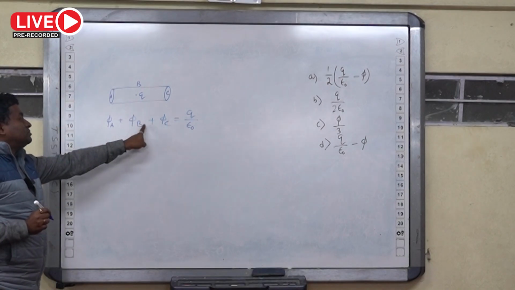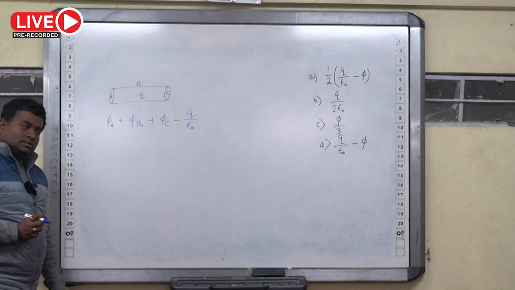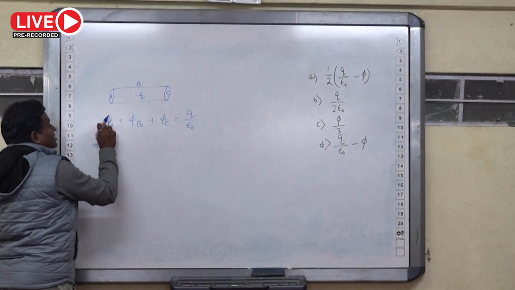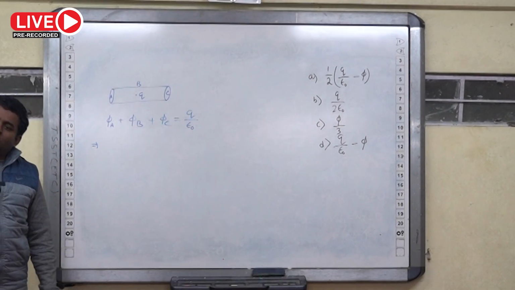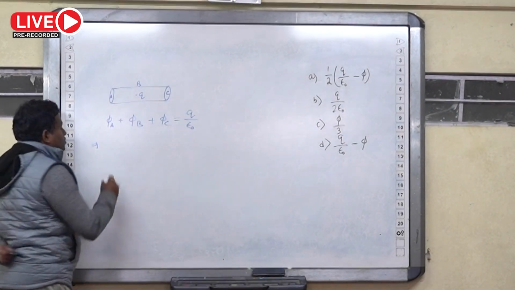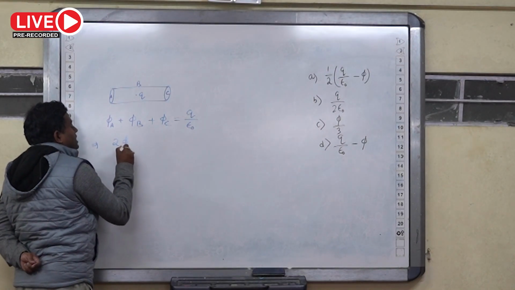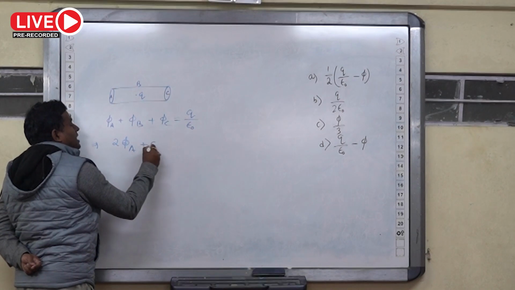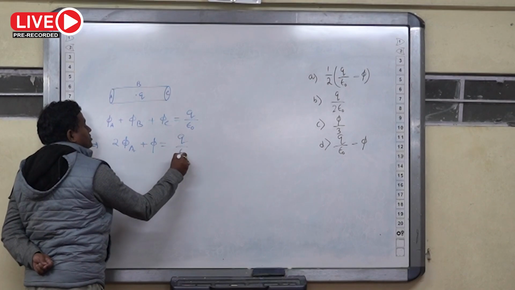Now through curved surface flux coming out is given as phi, and through surface A and surface C same amount of flux will come out. So we write phi A plus phi B, which is phi, equal to q by epsilon naught.